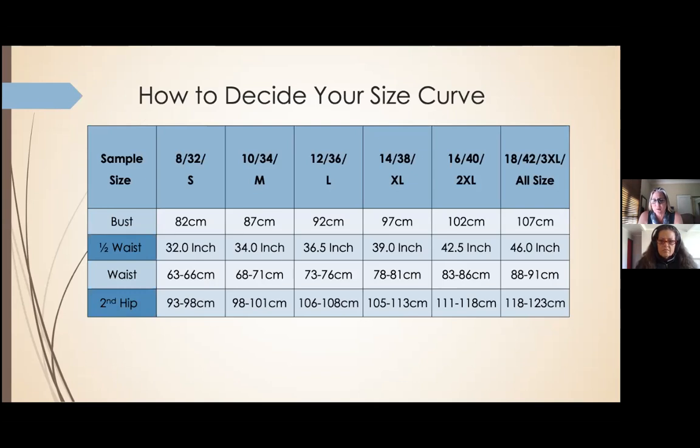And so boutiques, manufacturers will target their market knowing that they have, say, a more mature woman. And so her waist is never going to be 66 centimeters. And so we're working more between a 68 to a 71 centimeter waist. Let's say that we're working with classically South African figures.